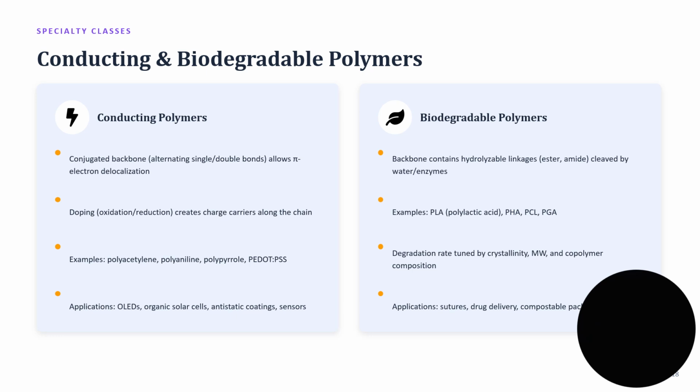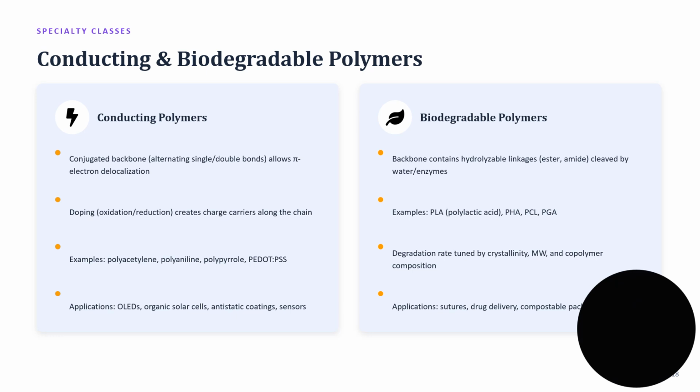aromatic systems. On its own, though, a conjugated polymer is only weakly conducting. The real conductivity comes from doping, oxidizing or reducing the polymer to generate mobile charge carriers along the chain. Polyacetylene was the original discovery that earned a Nobel Prize.